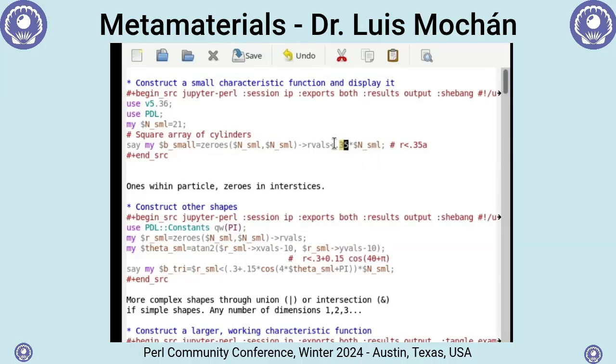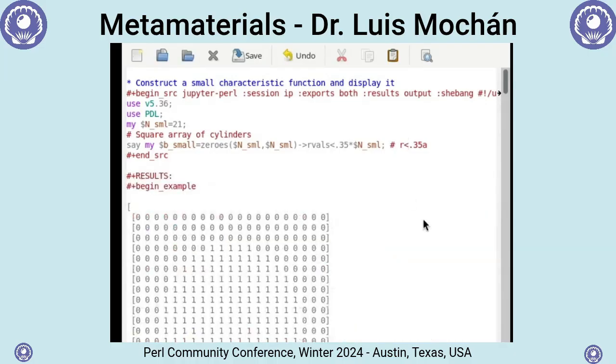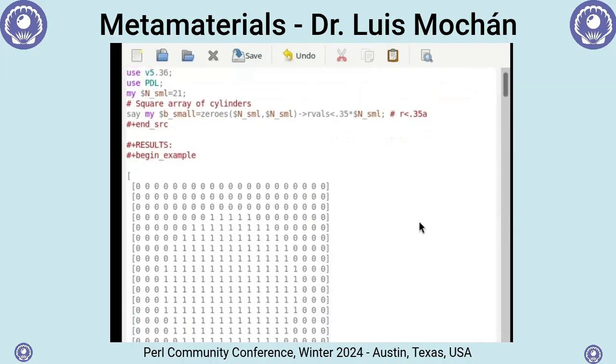So I'll just run this code and see what happens. Okay, so what you see here is an array of zeros and ones. So this is the characteristic function. It's a very small characteristic function that somewhat resembles a circle. It's like a low resolution circle, right?